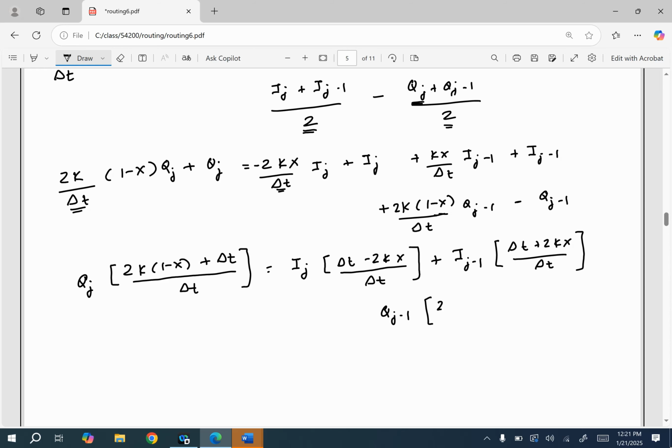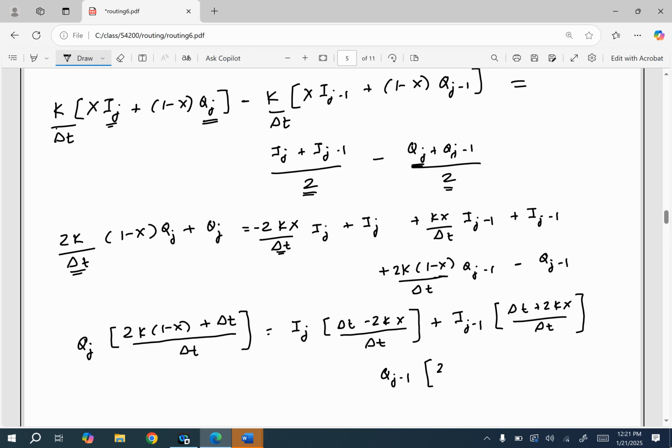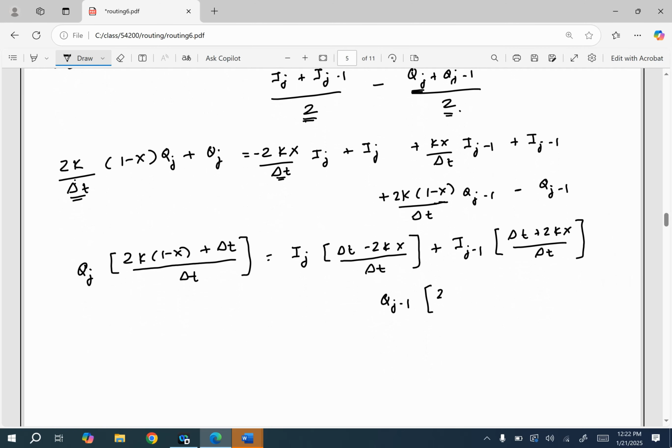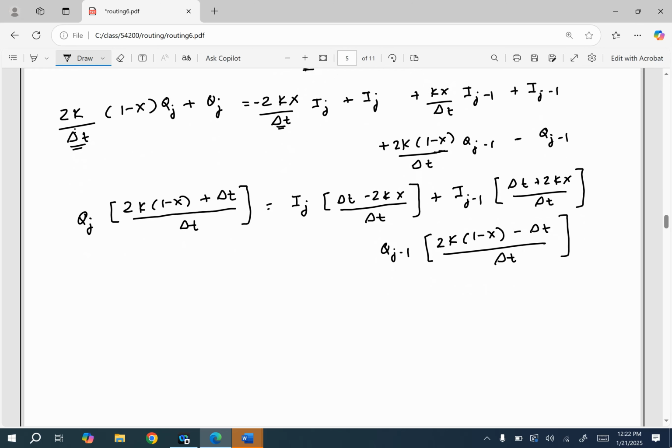Okay, because we brought this 2 on this side, so that's why we have 2k over delta t, and that's why this should also be 2k over delta t. So what I have now is (2k(1 minus x) minus delta t) over delta t. Okay, and then this delta t will get cancelled from all the expressions.